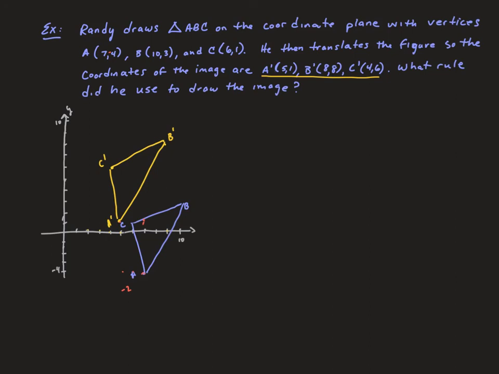So my X values went minus 2, my Y values went plus 5. It looks like my rule might be X, Y, and then it is X minus 2, and then Y plus 5, because my X values seem to decrease by 2 and my Y values increase by 5.